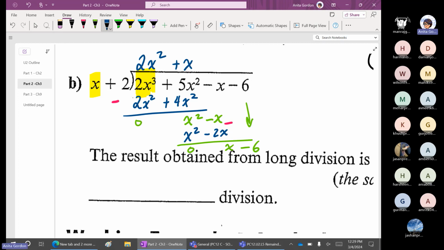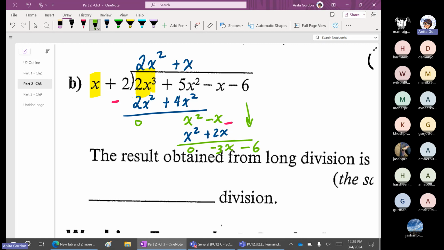What did I miss, guys? Oh, this one is supposed to be positive. All right? x times x is x squared. x times 2 is 2x. Positive. There we go. So then minus 1 minus 2 gives me negative 3x.